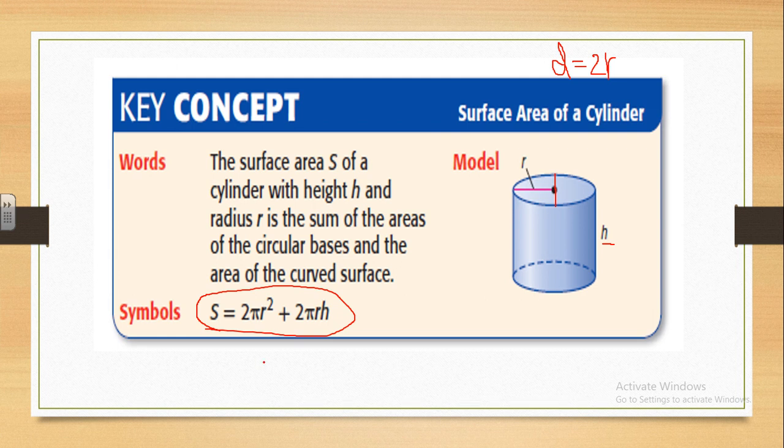So let's say it again before we answer. The surface area of a cylinder is equal to 2 times pi times r power 2 plus 2 times pi times r times h. Don't forget, r represents radius, h represents height, and of course pi equals 3.14. If he gives it to you in the exam, that will be great, but if he didn't give it to you, you need to know that pi equals 3.14.